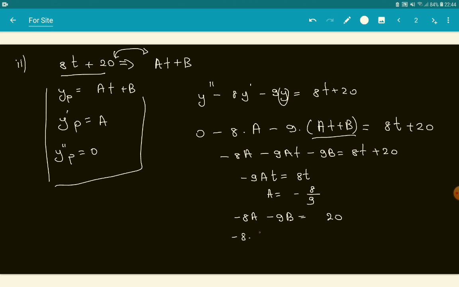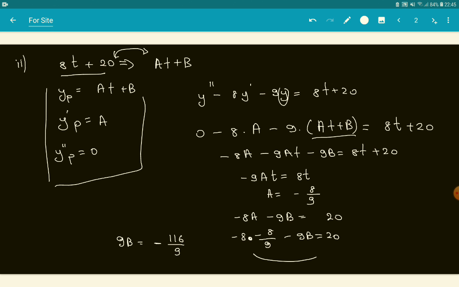I just put it back in its place, negative 8 over 9, and this is multiplication for your information. Minus 9B is equal to 20, and from here it will be 9B. If you do the calculation, you'll see that 9B is equal to negative 116 over 9.